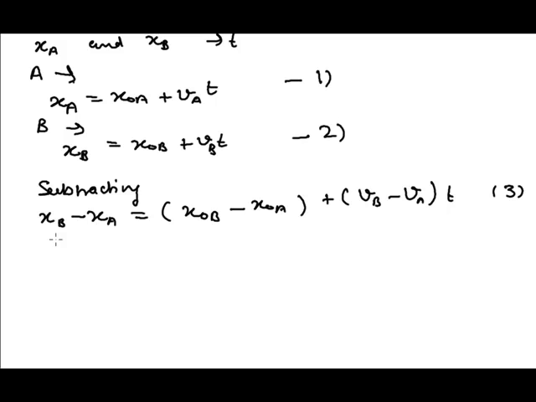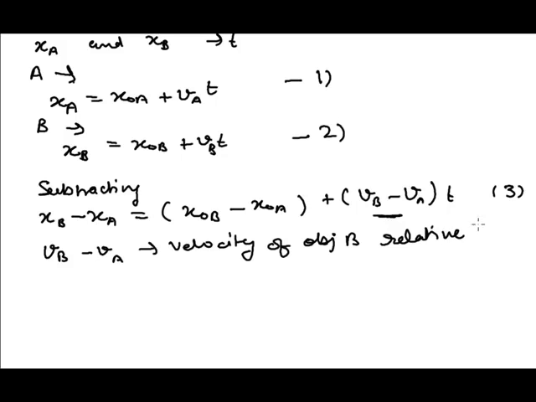From this equation 3, we see that object B seems to have a velocity VB minus VA with respect to object A. Thus, VB minus VA is the velocity of object B relative to object A. So, VBA is equal to VB minus VA.